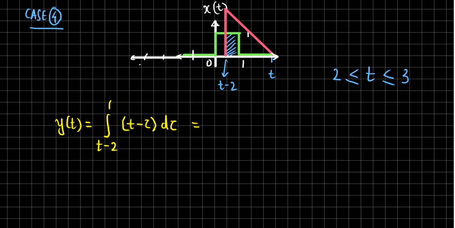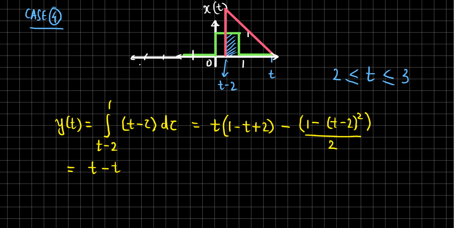We can solve this as t into 1 minus t minus 2, that is t plus 2 here, and that is going to be minus tau square by 2. So that is going to be 1 minus t minus 2 square, and by 2. So this is going to be equals to t minus t square.